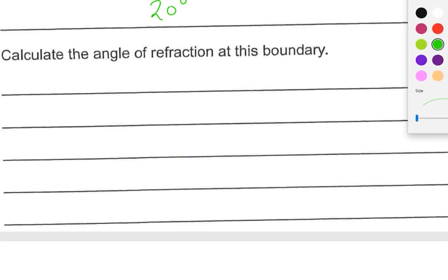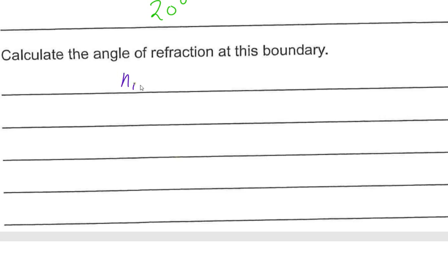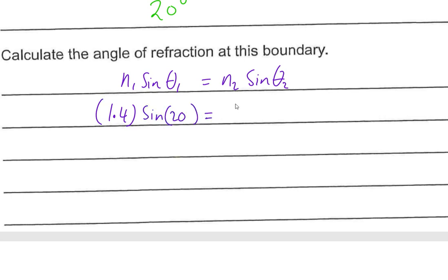Now this is Snell's law. Medium 1 we know is 1.4. Sine of 20 degrees is equal to medium 2, 1.6, which we know, sine of this we don't know.